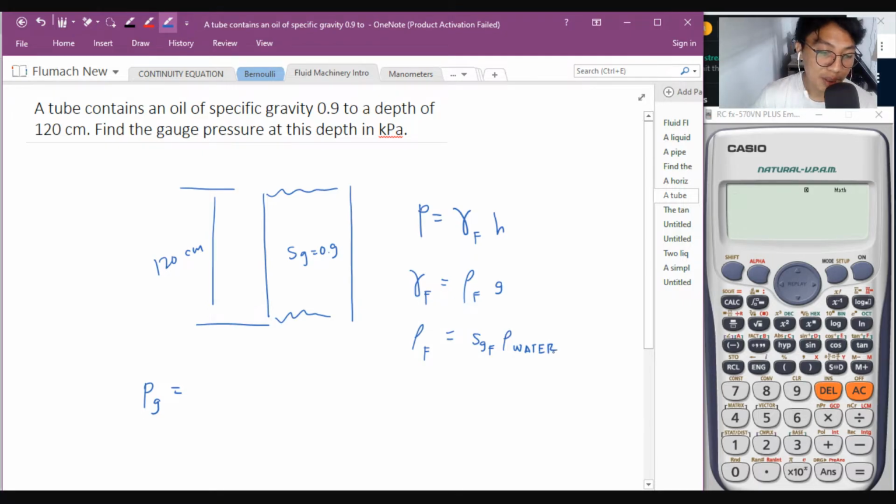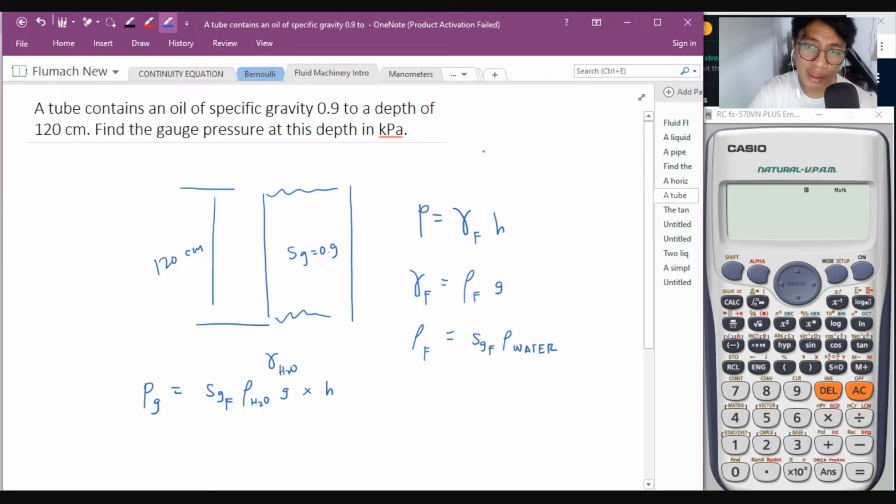So, ibig sabihin, pressure now will become SG of the fluid, or the specific gravity of the fluid, multiplied to the density of water times gravity. Tandaan nyo, itong density ng water and gravity is equal to the specific weight ng water. Ito. Multiplied to the height of the column.